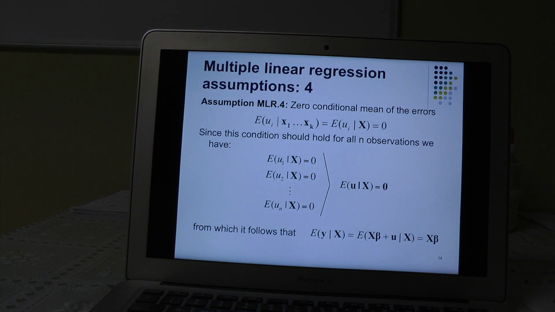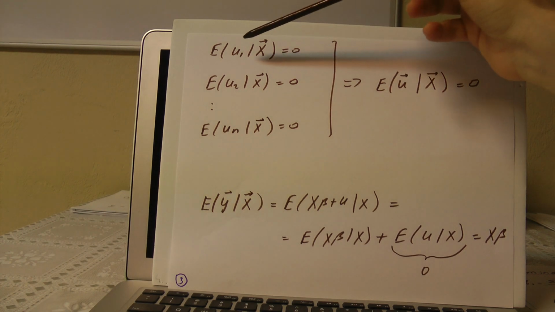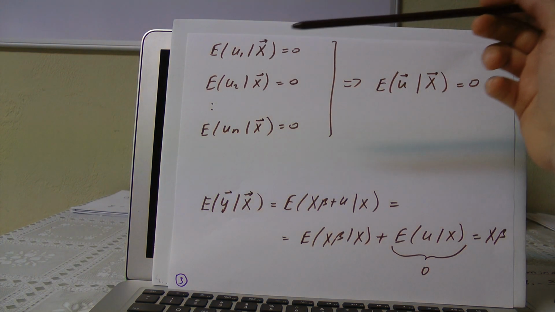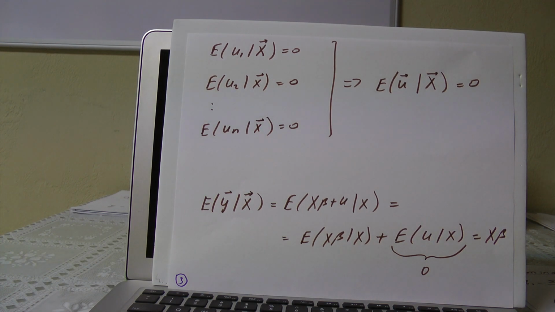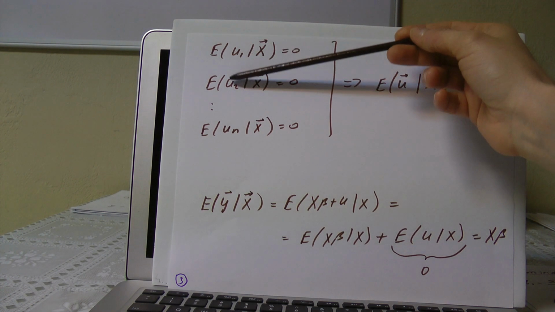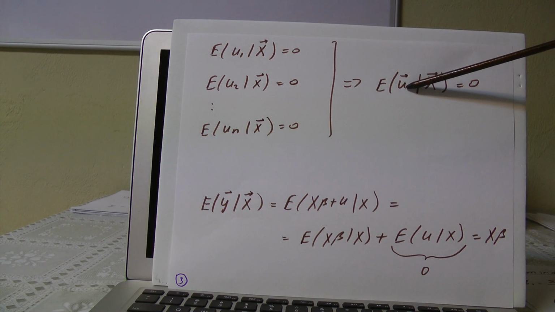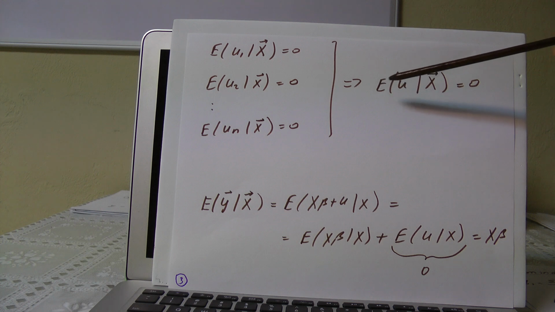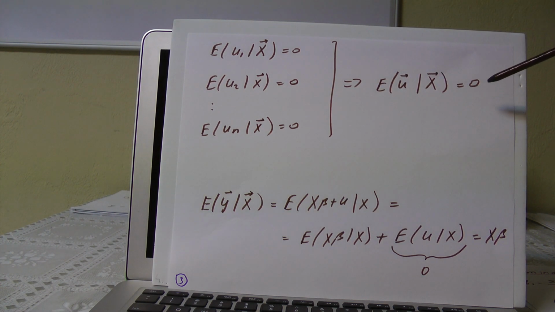We can write that for the first observation, for the second observation, and all the way to the last observation. Or, instead of writing it n times, I'm going to package these into vector u. I could just say the expectation of a vector u, conditional on X, is equal to 0. And now I have written assumption number 4 in a very compact way.